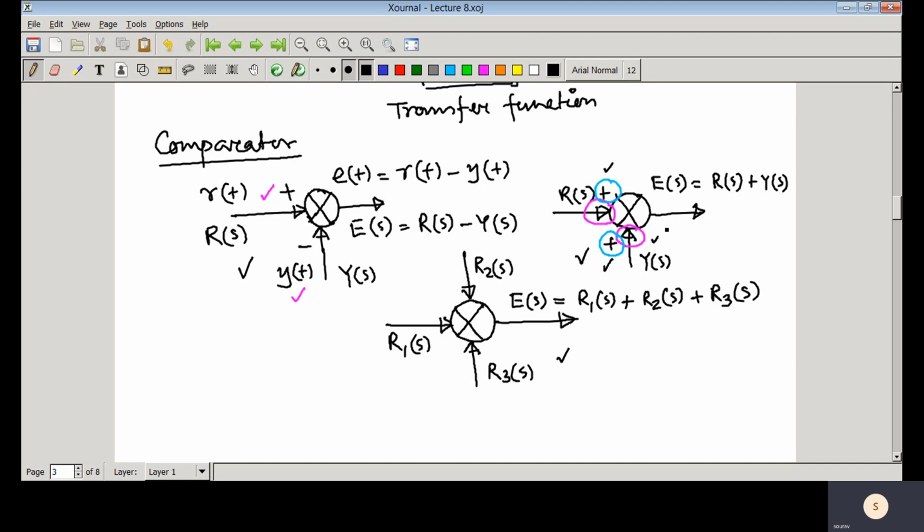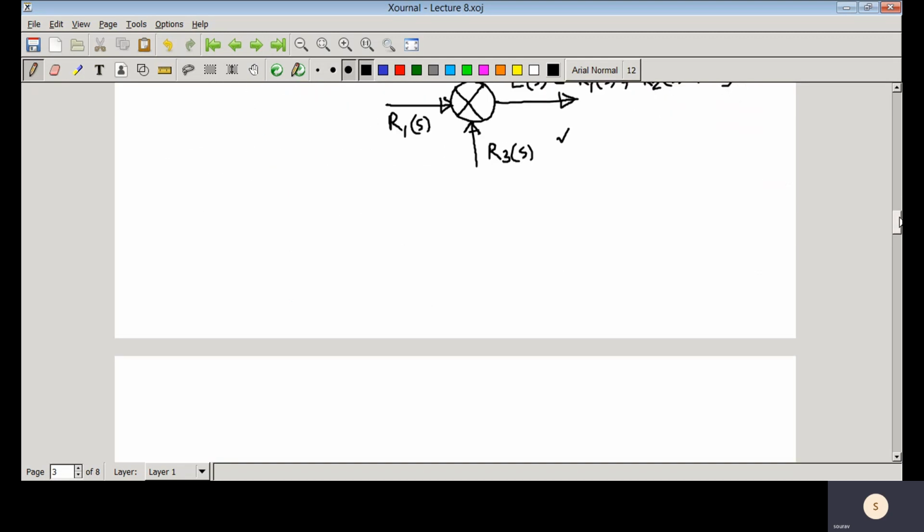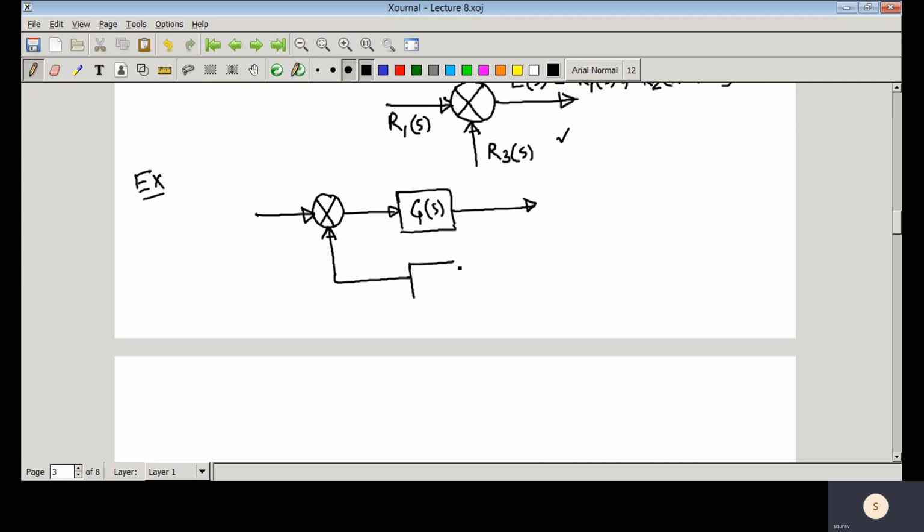So now we'll see some example. Say if we take a simple closed loop control system, here you have that comparator, and suppose you have that plant here, and now you can see that this is the plant transfer function G(s), and here whenever you close that loop, this is that feedback path, and the feedback path transfer function is H(s).